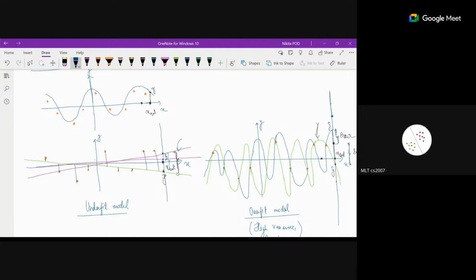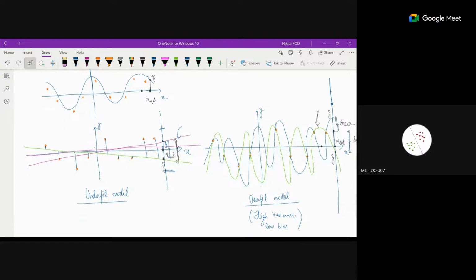They will lie somewhere around here to there. It cannot vary too much because you're only fitting linear models. These are the only possibilities, so you get a range of values of Y. So the variance is low in the underfit model, but the bias is quite high because we are not maintaining the structure. Underfit models are high bias models, but with less variance.